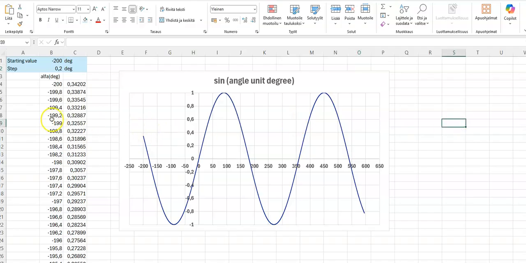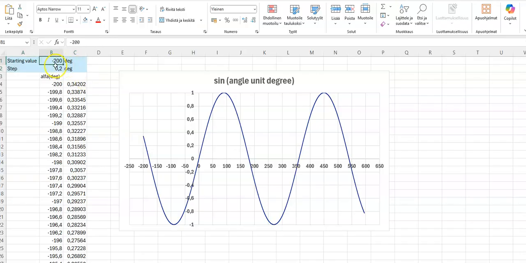I hope you can see these numbers well enough there? I'm not sure how well you see. There I have these blue numbers. It is possible to change them.